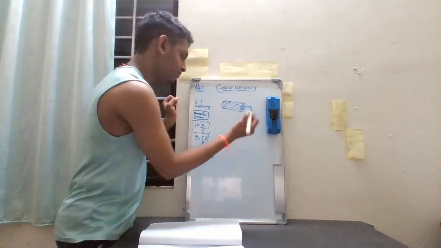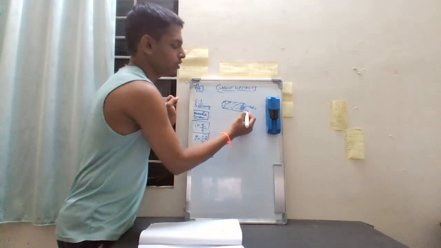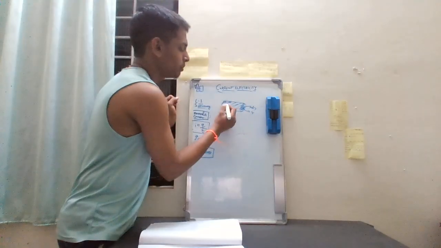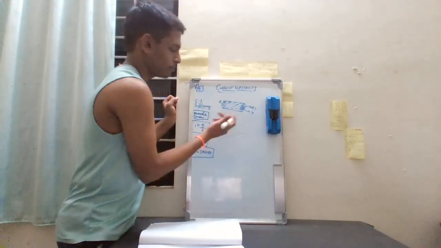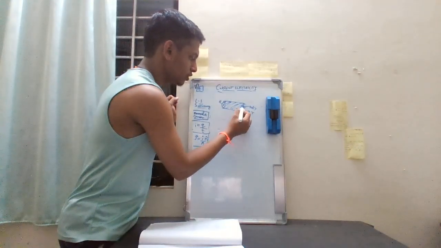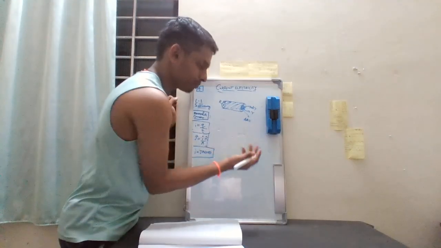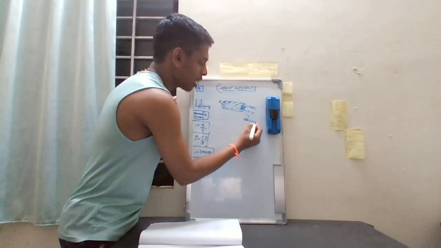It is dr, suppose, and from center to it, it is r. But we are given that its total radius is capital R. So dA, this cross section's area dA equals 2 pi r dr.